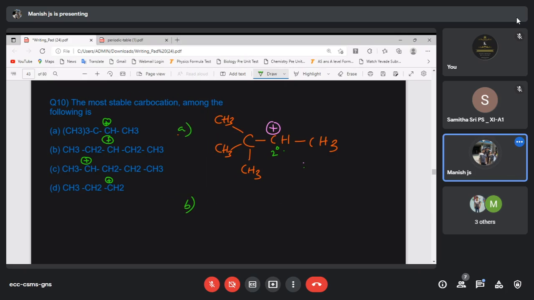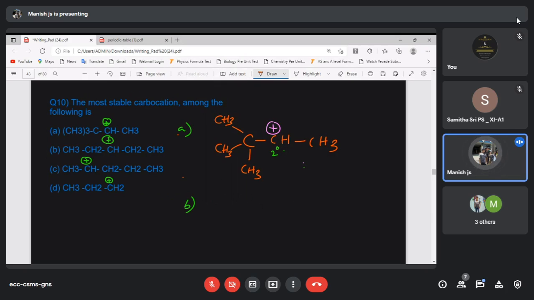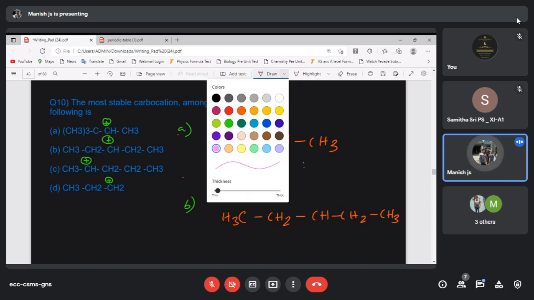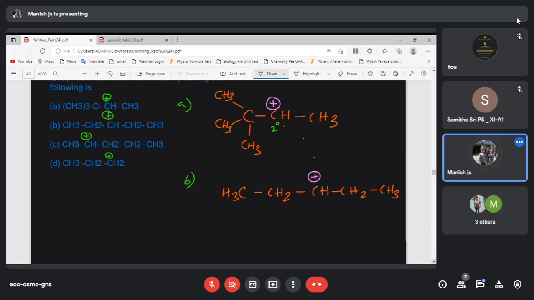In option B, what is the structure? You will have CH3, CH2, CH, then CH2, then CH3. Again, where the CH is, that carbon's valency is not satisfied, so a carbocation will form there. What type of carbocation is this?